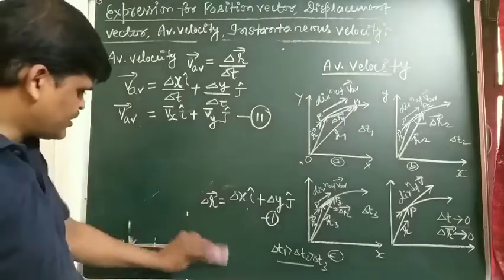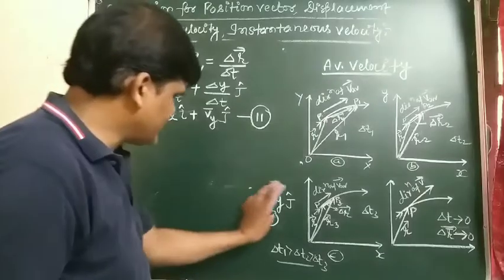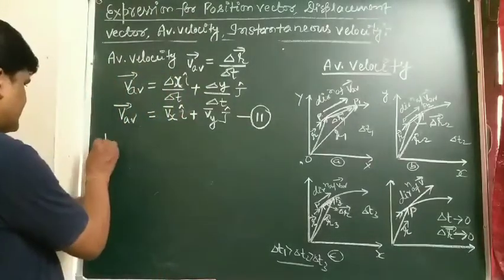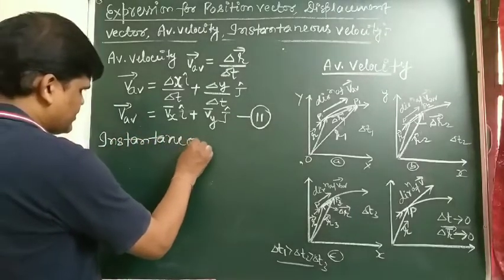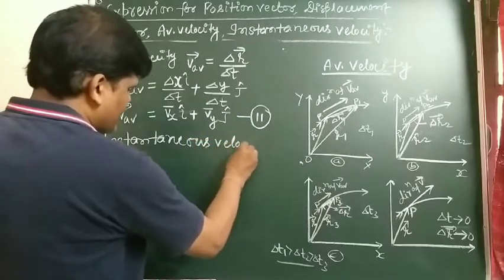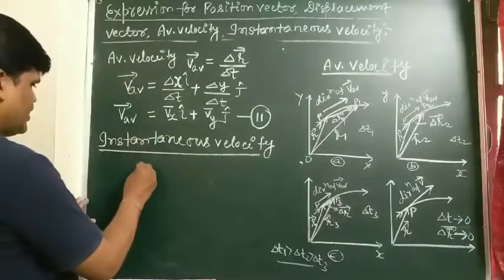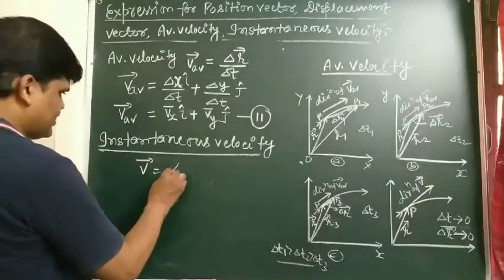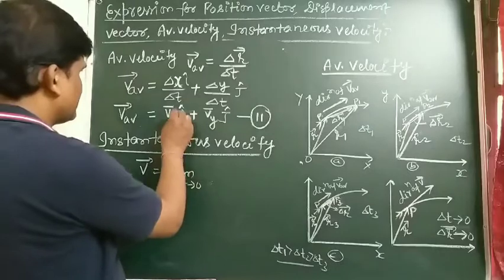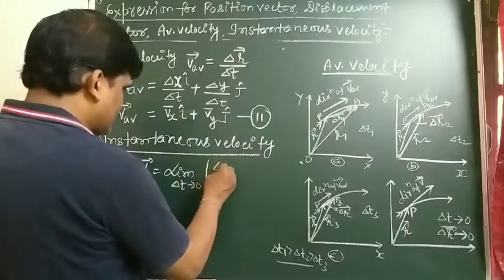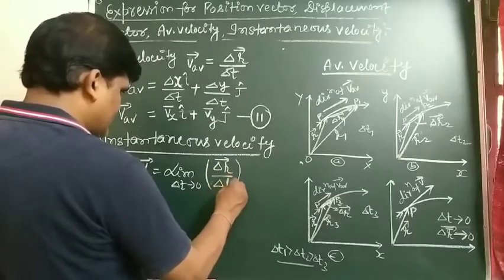So next one is instantaneous velocity. And student, you know that instantaneous velocity V can be written as limit delta t tends to 0 of delta position vector r by delta t.